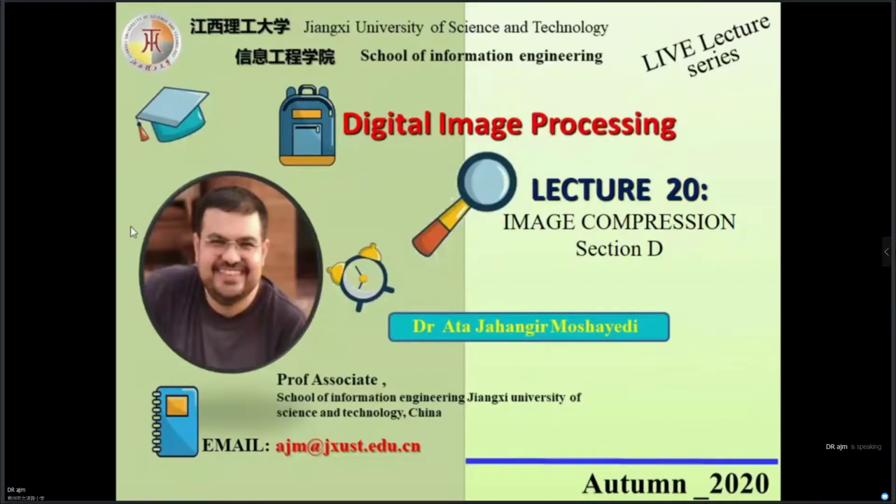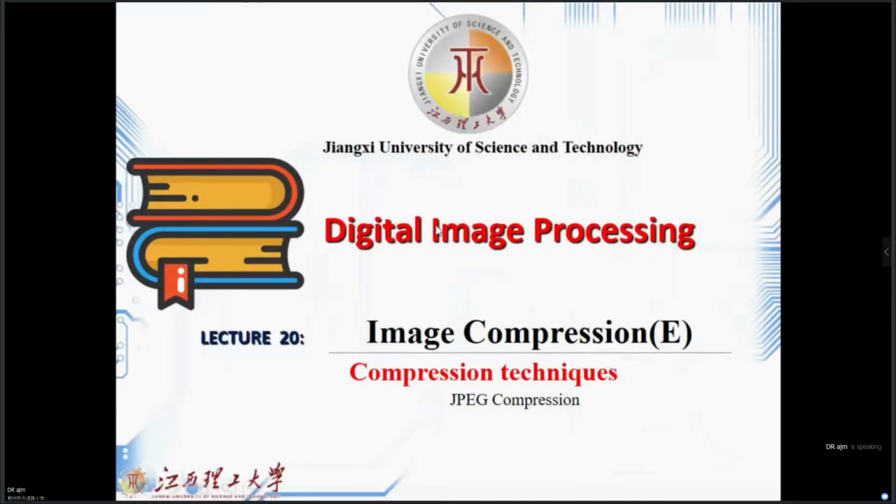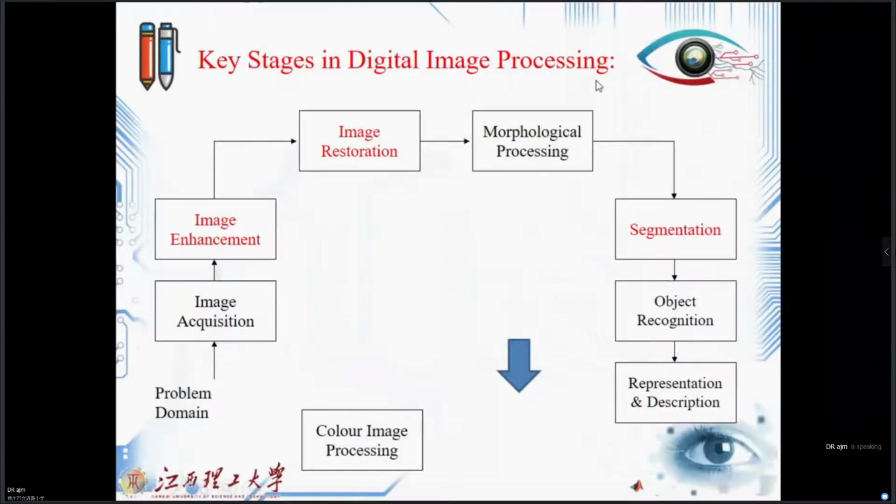And after this 2 day lecture, from the new week, we will go for the morphological method, which is one of the important sections that we have. And then, as I talked before, we will talk about object recognition and a little bit about color image processing.